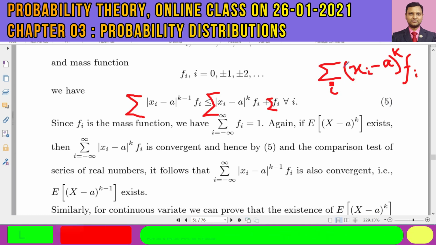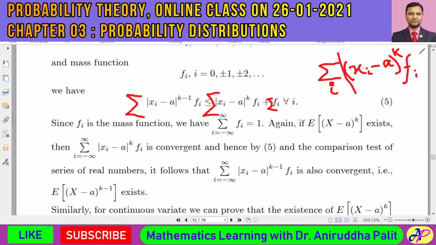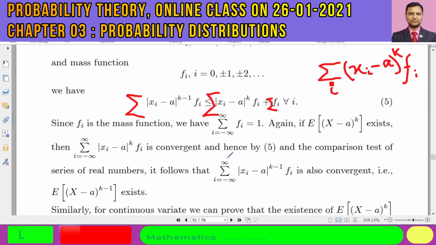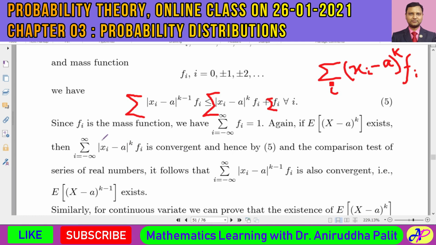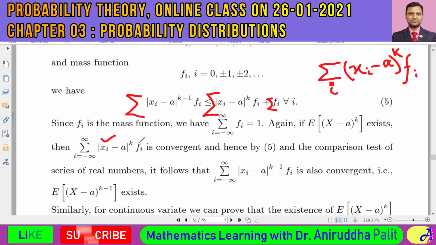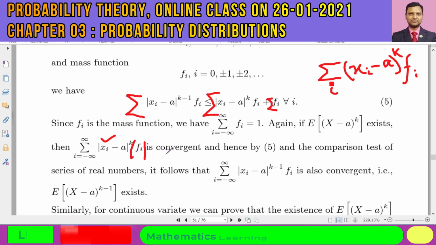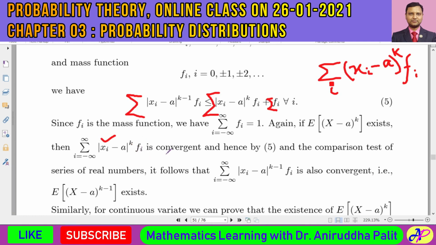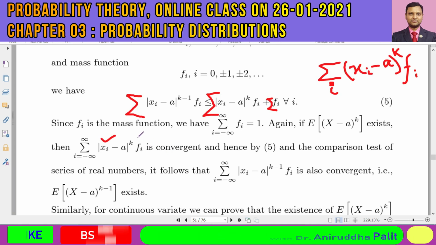Absolute convergence means over here we shall have to consider the absolute series, the modulus. And because this fi is a positive quantity, the corresponding absolute series would be written in this form: modulus of (xi minus a) to the power of k multiplied by modulus of fi. But fi is actually the probability mass function, and the probability mass function is always greater than or equal to 0.